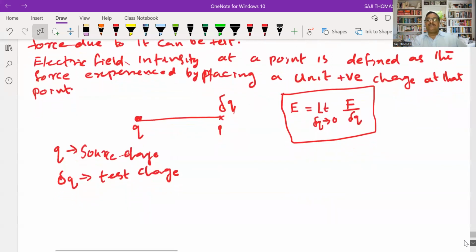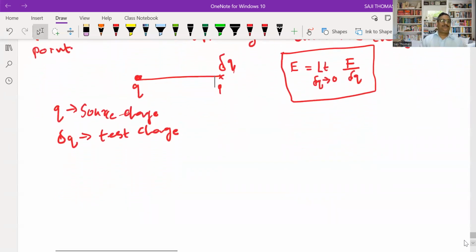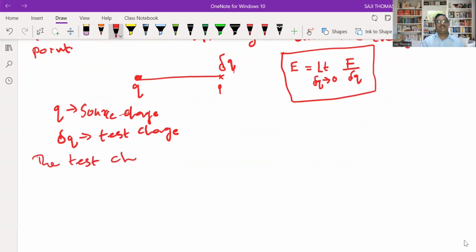That's the reason. The test charge must be vanishingly small, tends to zero.